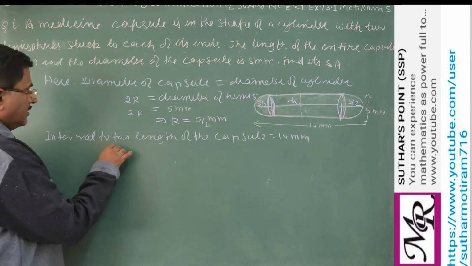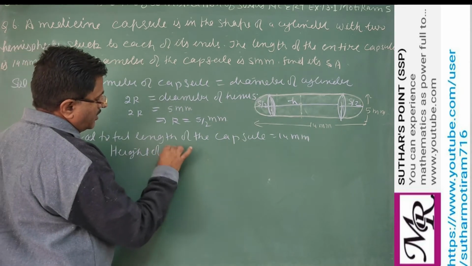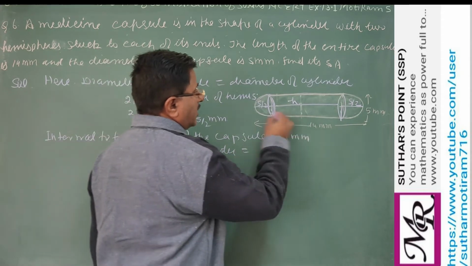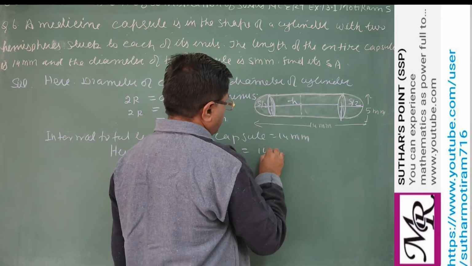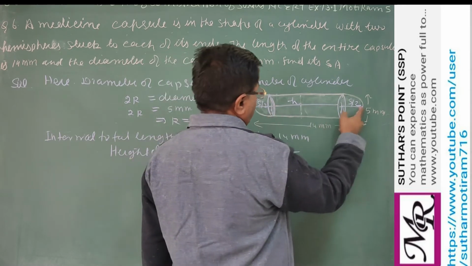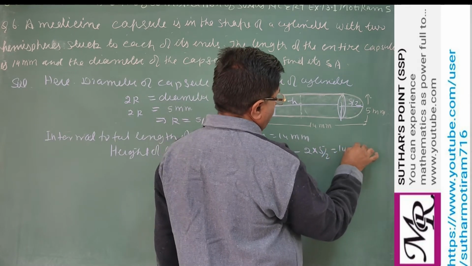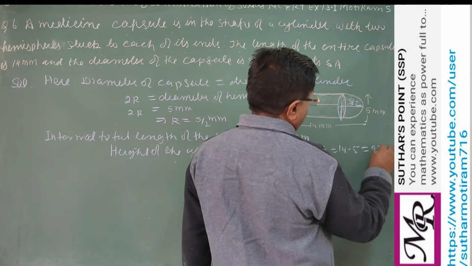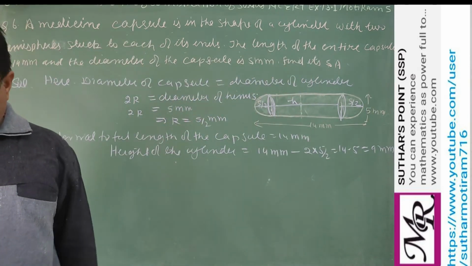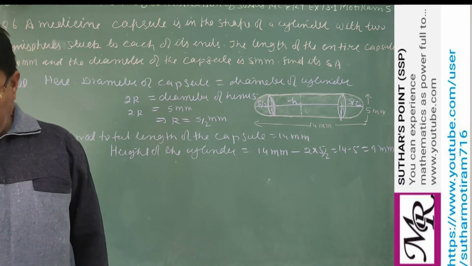So the height of the cylinder is the total length, 14 mm, minus 2 radii, that is 2 into 5/2. So 14 minus 5 is 9 mm.